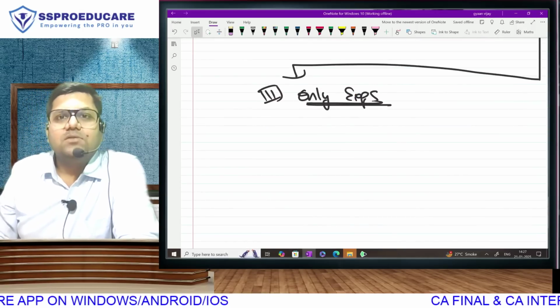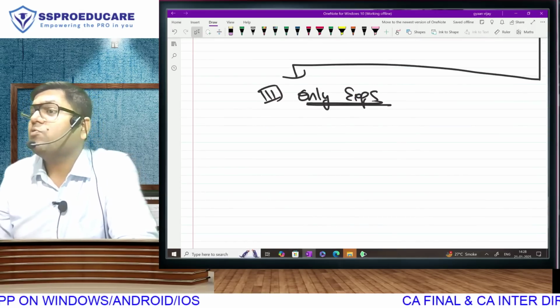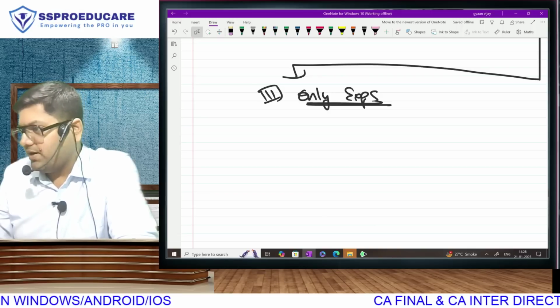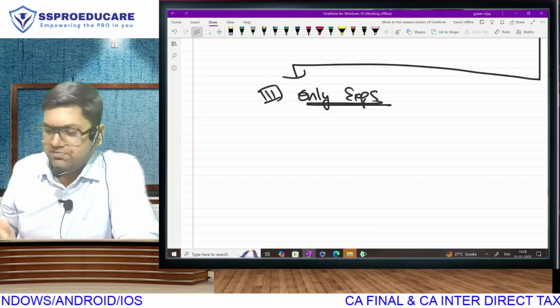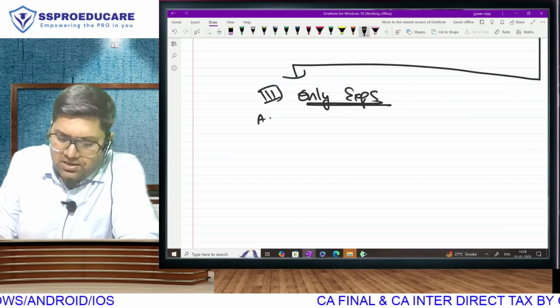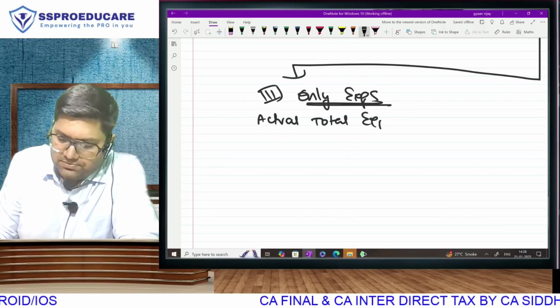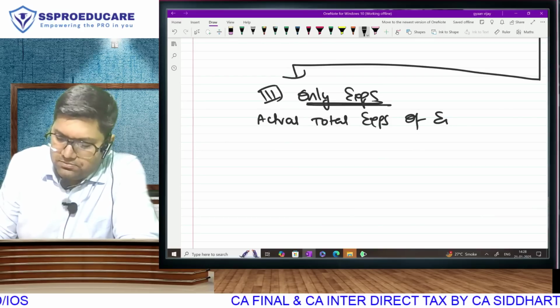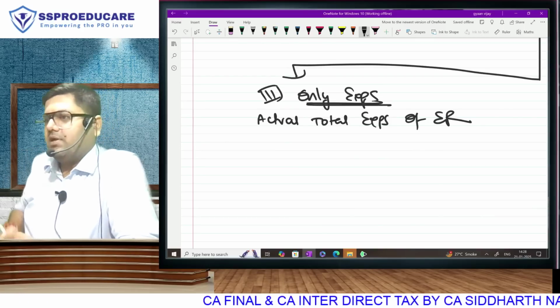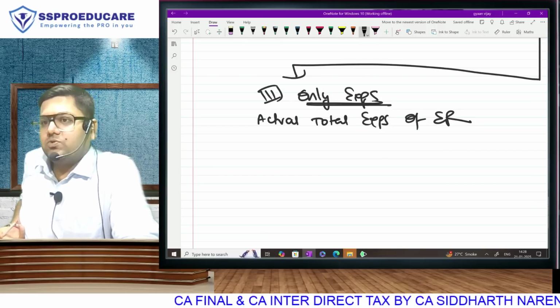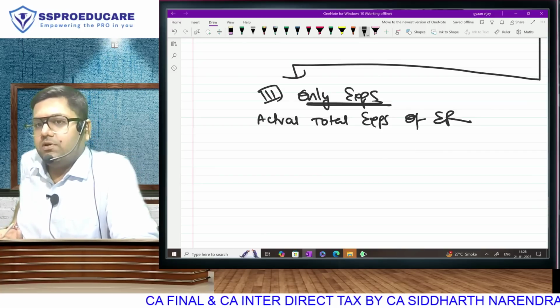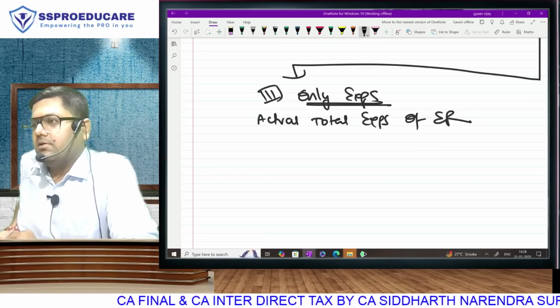This time again we have to pay tax on the personal part. What are they giving? Just observe. They say take the actual total expenses of your employer as the value of perquisite.